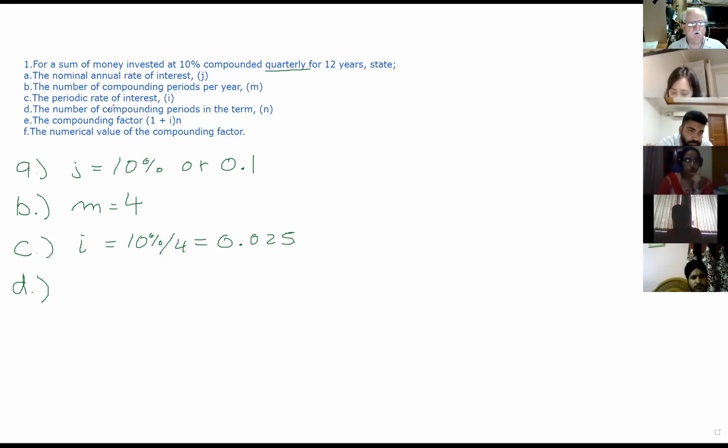Part D, the number of compounding periods in the term. Well, it's 12 years. So this is N. There's 12 years. It's 4 times a year. So it's going to be 48.